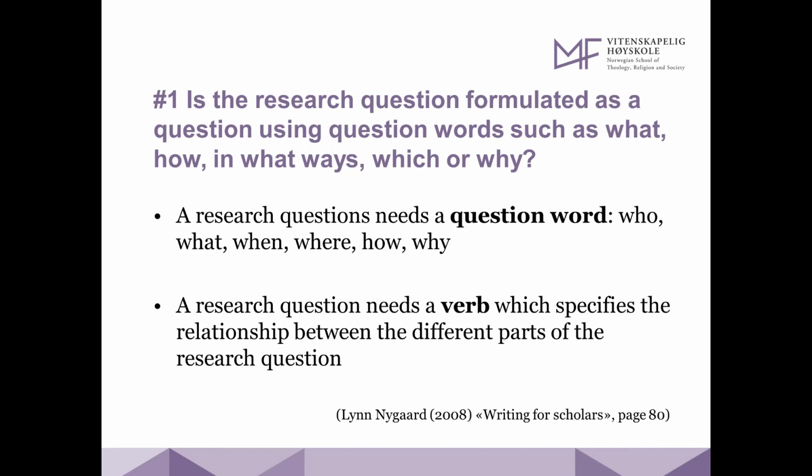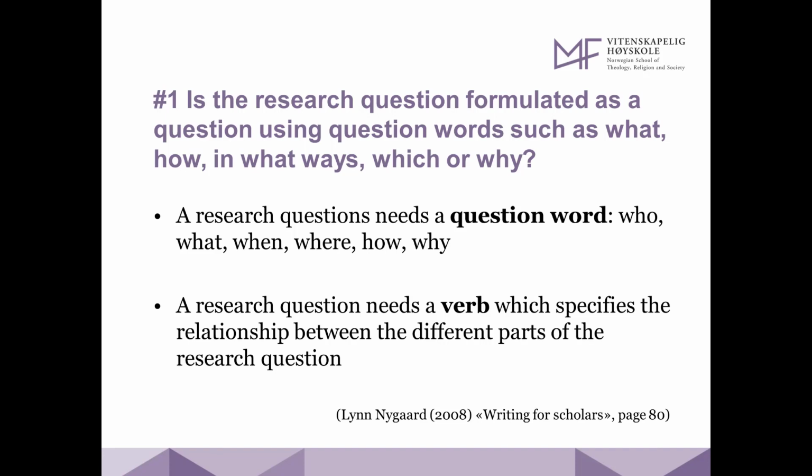But I find it's easier to know exactly what your research question is if it's actually formulated as a question. Because otherwise it's easy to spend several sentences trying to formulate your research question, and then each of these sentences gives your project a slightly different direction. And as a reader, it's then difficult to know exactly what you are trying to do in this project.